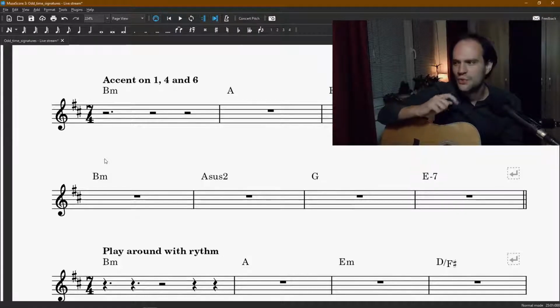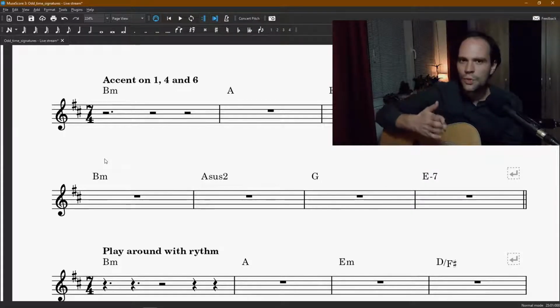On 6/4 you have on the 1, of course, a stress like I did with the 3/4, but you also have a stress, though less strong, on the 4. So it would be like you'd also count in 6/8 in a way.